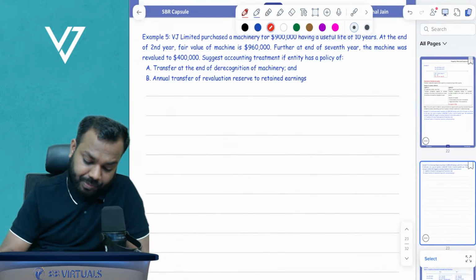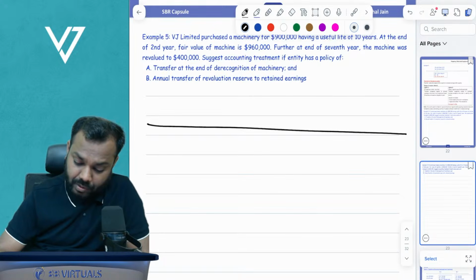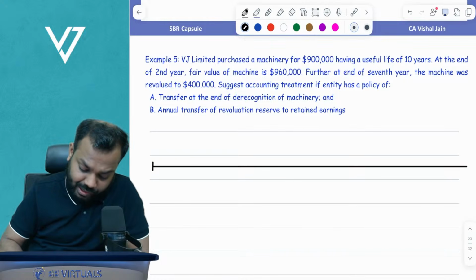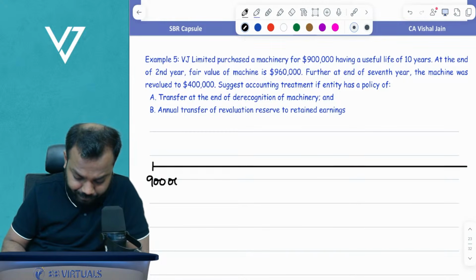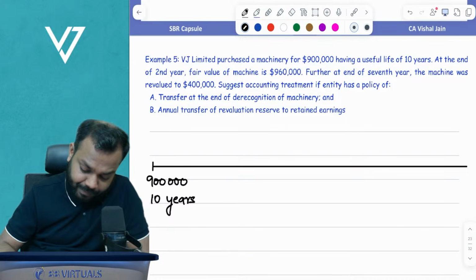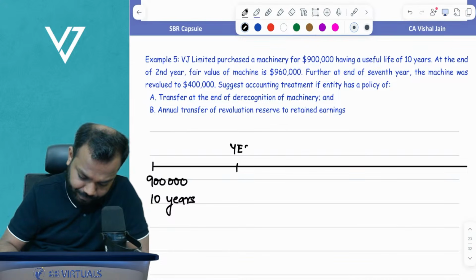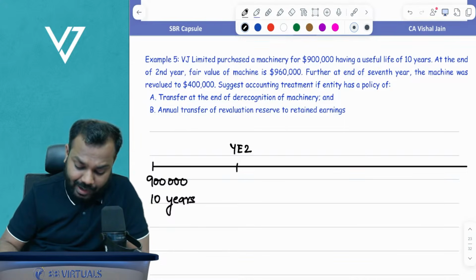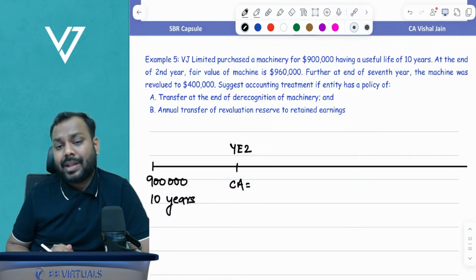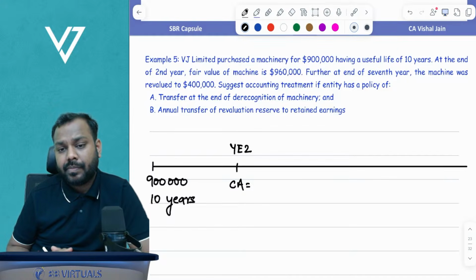Now please understand. I purchased an asset for $900,000. Life is 10 years. At the end of the second year, can you tell me what will be the carrying amount of the machine?